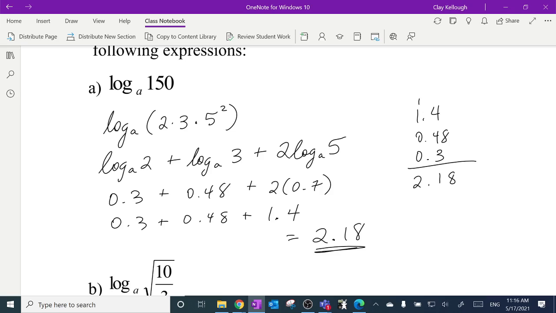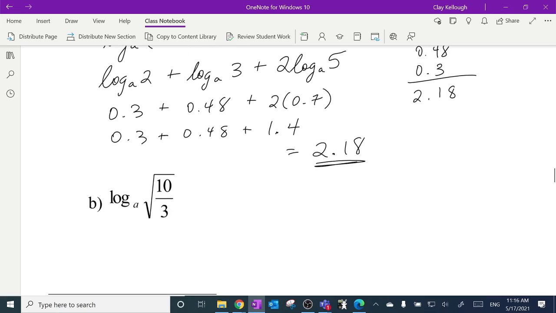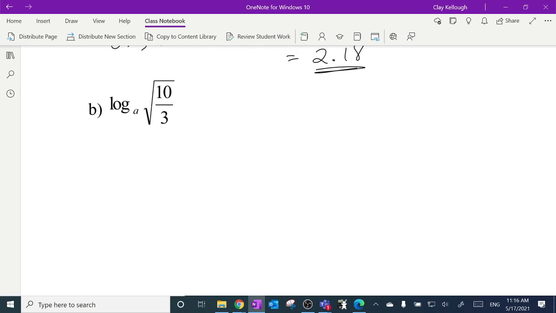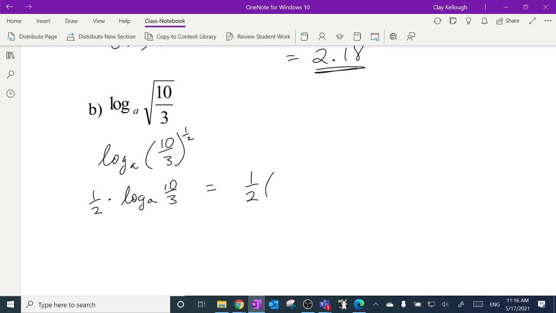All right, let's try a similar one here. So log to the base a of the square root of 10/3, which is like saying log to the base a of 10/3 to the 1/2. And that's like saying 1/2 times log to the base a of 10/3. And that's like saying 1/2 times log to the base a of 10 plus log to the base a of 3.